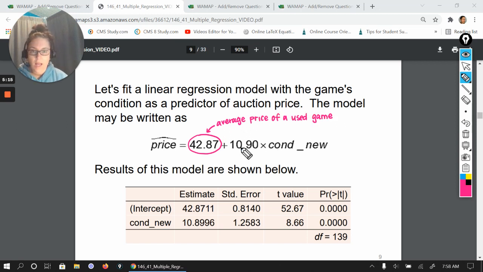The results of this model are shown below. So this number here, 10.8996, is the additional amount you would pay on average for a new game.